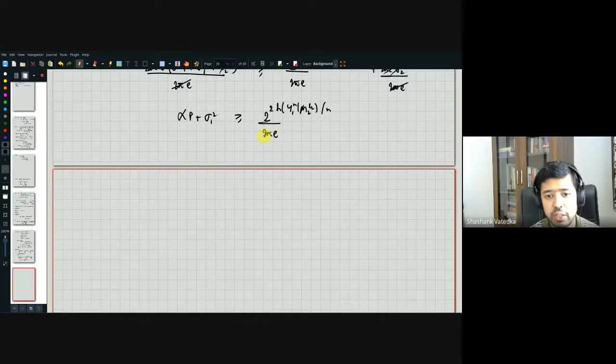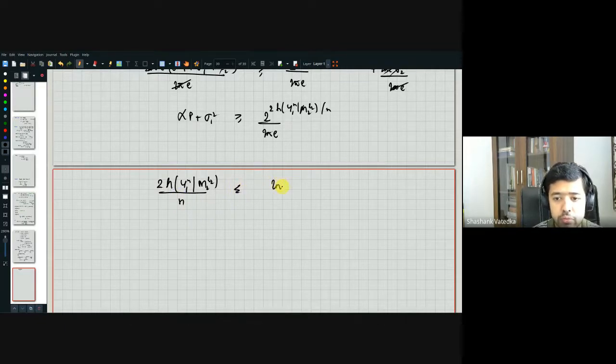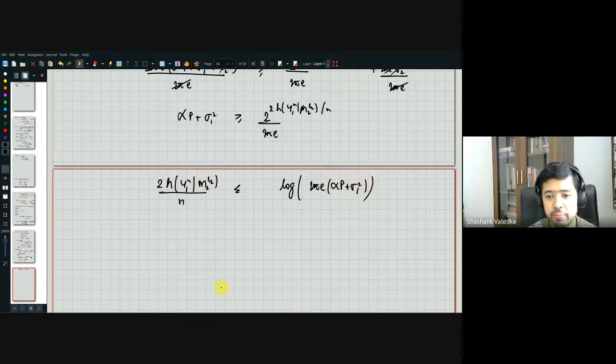Okay, so if I take 2 pi e to the left hand side and take log on both sides, I get that 2 to the h of y1^n given m2, divided by n, is less than or equal to log 2 pi e times alpha p plus sigma 1 square.